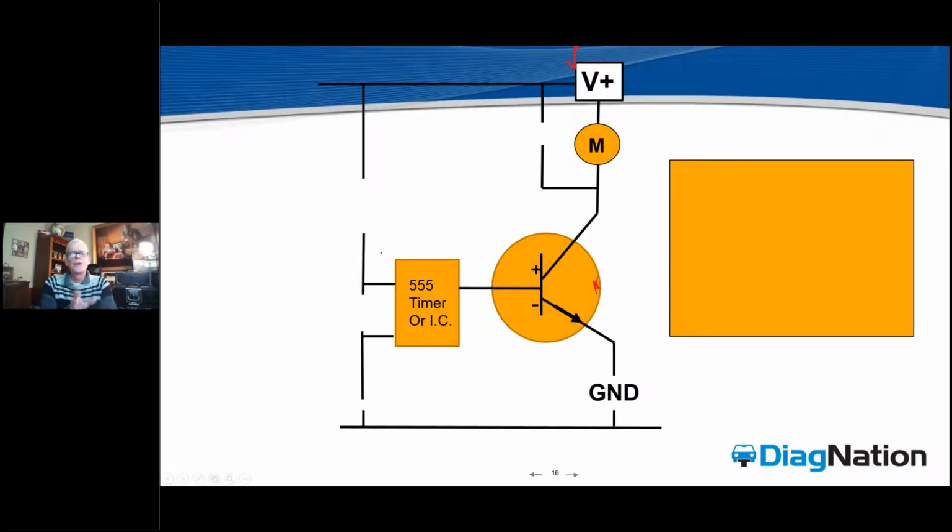Now, the way that this circuit works and the way it gets its pulse width modulation control is in the primary side, if you will, of the control. So over here, if you want to talk transistor for a minute, we have a base, a collector, and an emitter. Now what's going to happen here is we've got resistors inside that PCM controlling this tank circuit for this fuel pump.